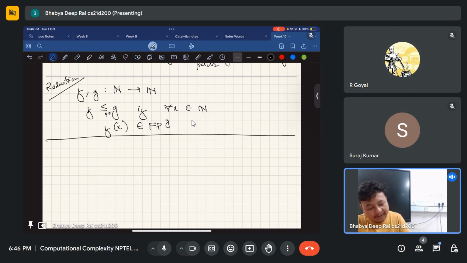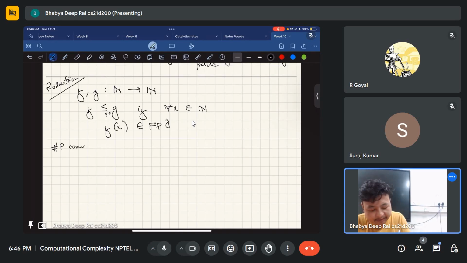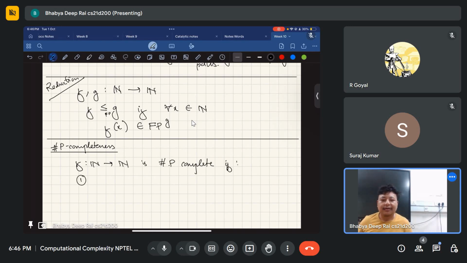Now I can talk about completeness also. Sharp p completeness. Let's say I take f. Is f sharp p complete if, what is the first condition in any completeness statement?